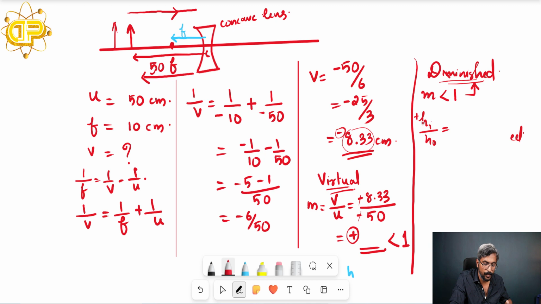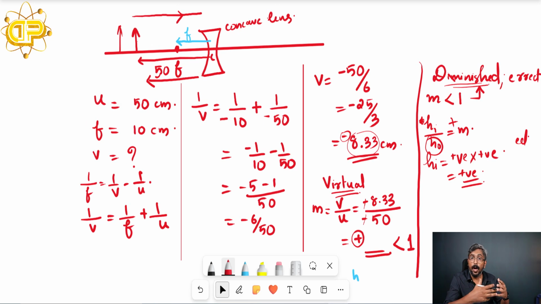HI is equal to M times HO. M is positive and HO is always positive, and positive into positive will definitely give you a positive value, which tells you that it is an erect image.